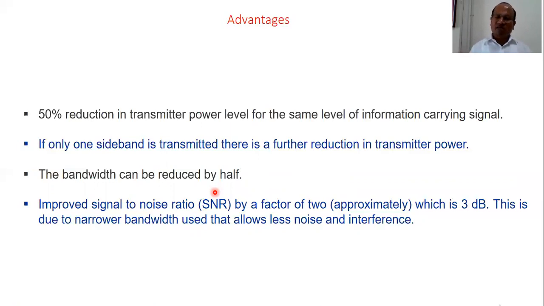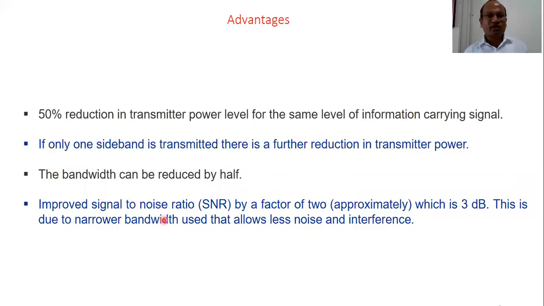The service provider has a limited bandwidth, and if you are occupying more bandwidth for your message signal when you are using DSB, it is demanding more cost. So when you use SSB, the bandwidth becomes half, and subsequently we reduce the cost needed in SSB.